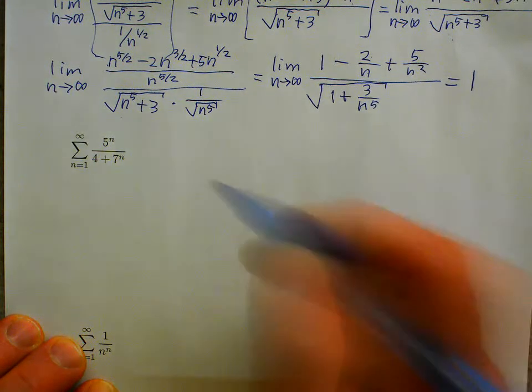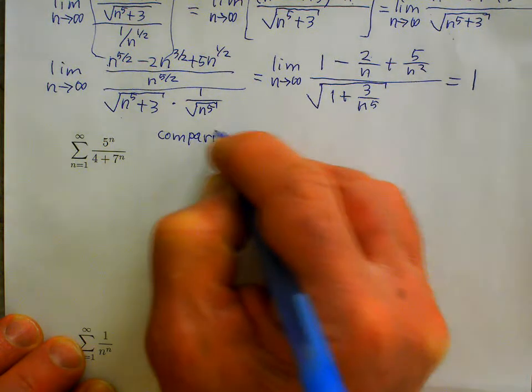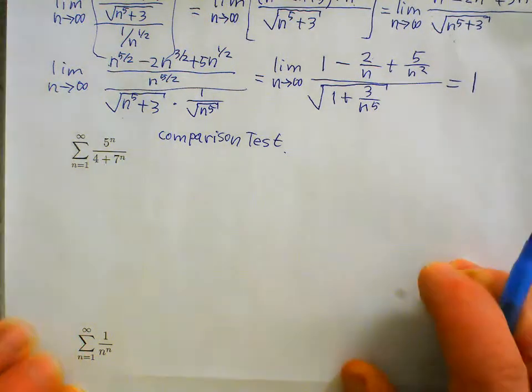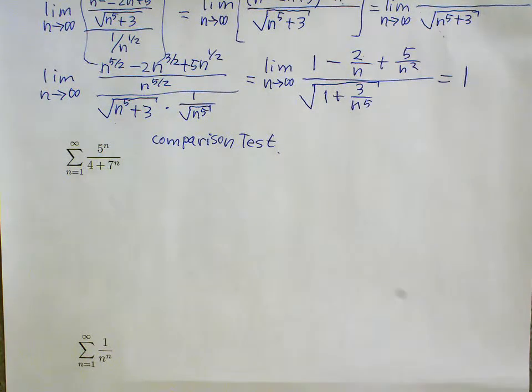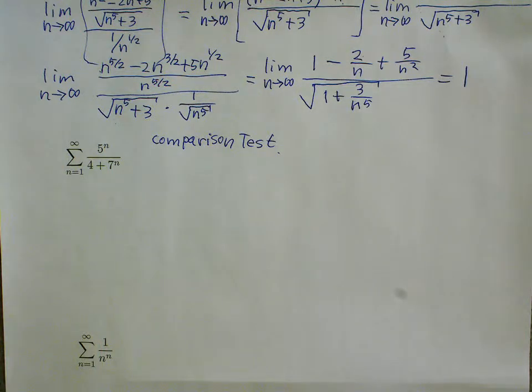If we do the comparison test, this is how I would start. I'm thinking that this infinite series should converge because I see 5 to the nth over 7 to the nth, or the fraction 5/7 to the nth, and the series of 5/7 to the nth is a geometric series that converges.